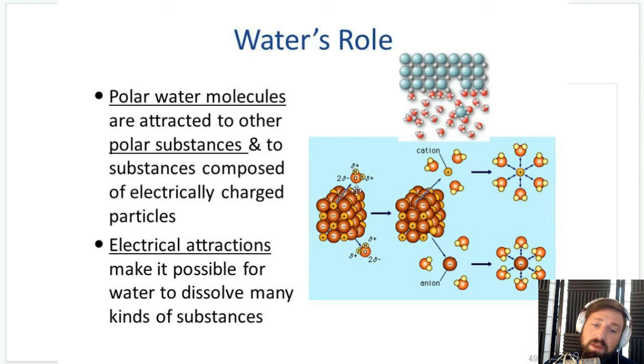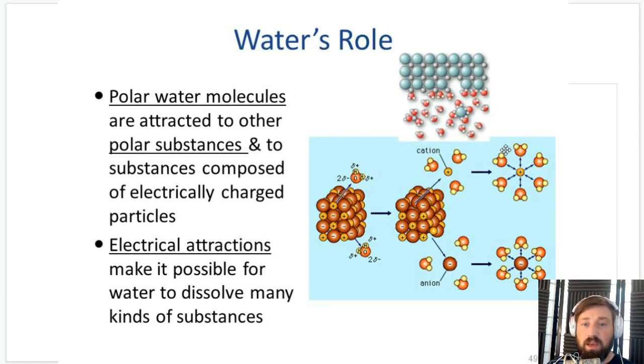When this happens and you have enough water around this one ion, this cation here can actually come apart. These water attractions, these ion-dipole interactions, can actually overpower the ionic attraction. The water is going to pull the cation off of this solid lattice structure, and water is then going to surround it.